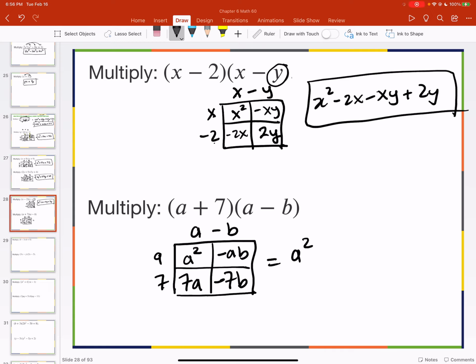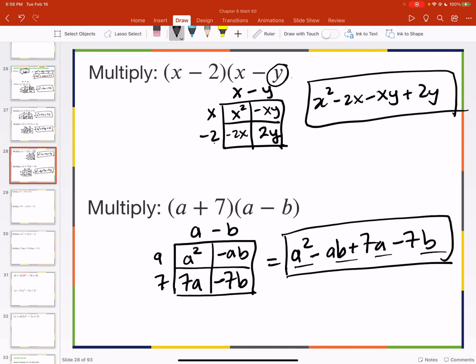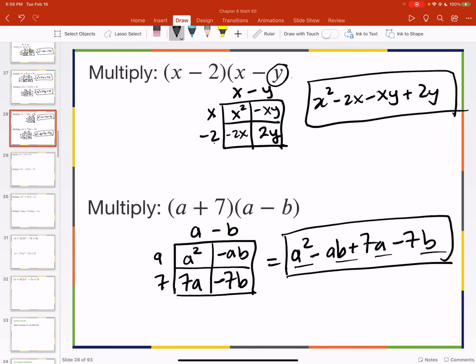And then together, a squared minus ab, that's fine, plus 7a. Technically, these should be flipped, that's fine. Minus 7b, so this is okay. No, we do not add anything because none of these are the same, right? They're not like terms.